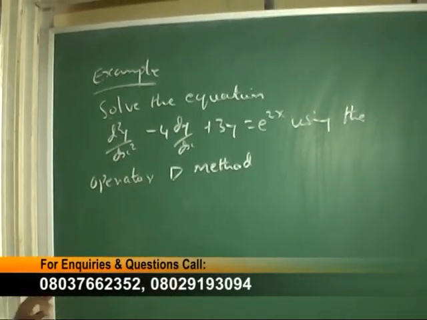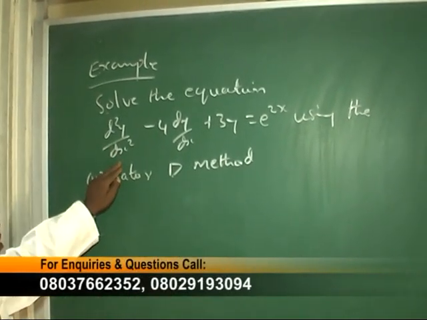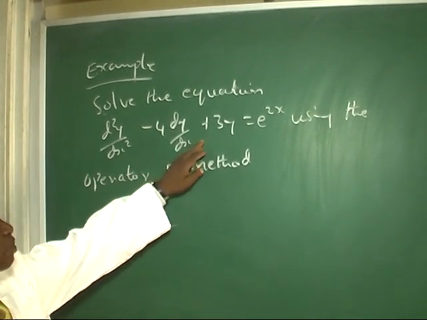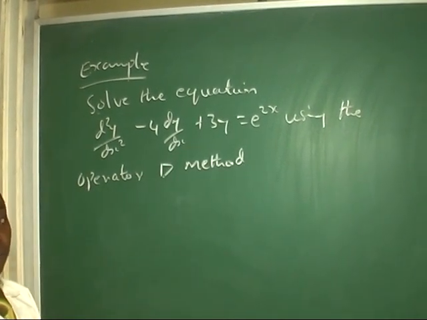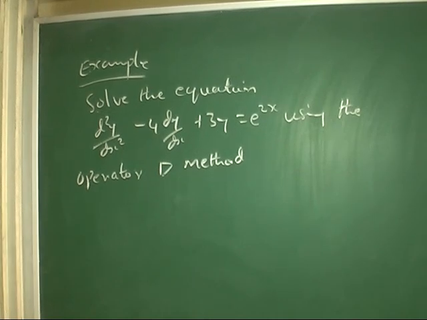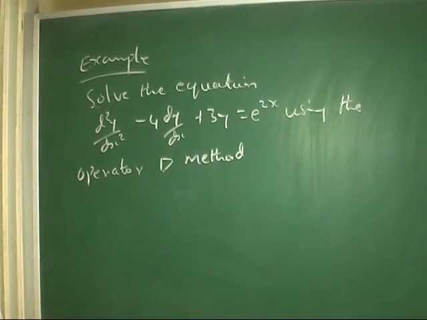Solve the equation d squared y over dx squared minus 4 dy/dx plus 3y is equal to exponential 2x using the operator D method.